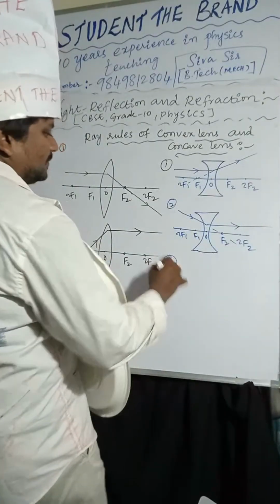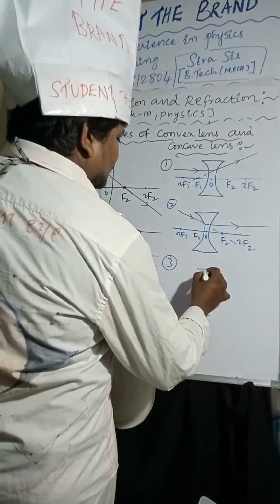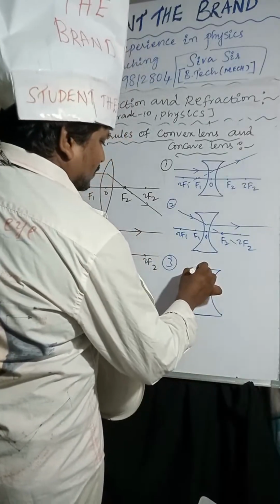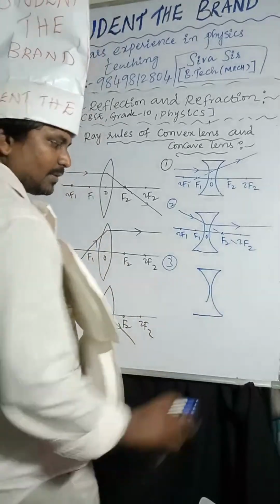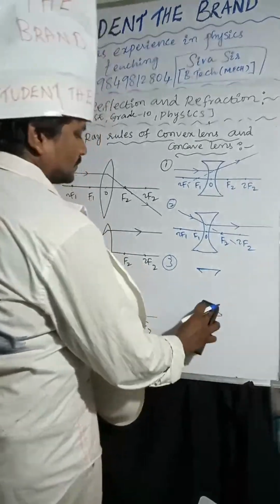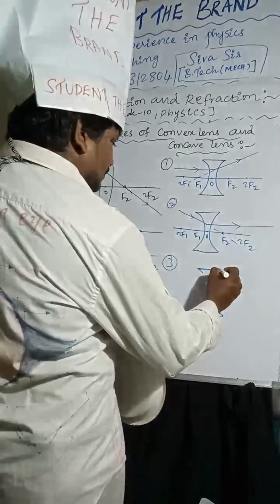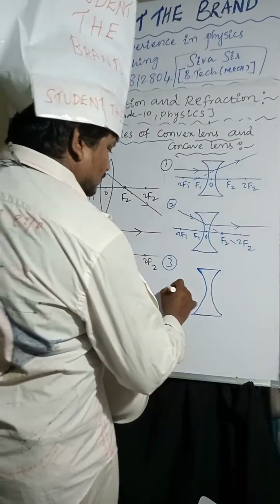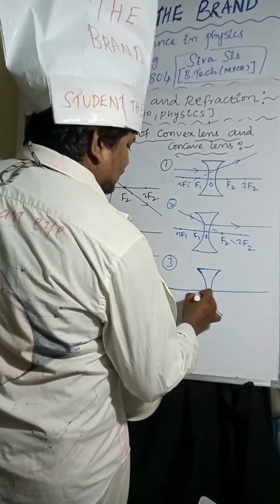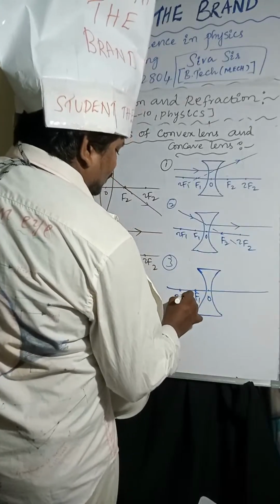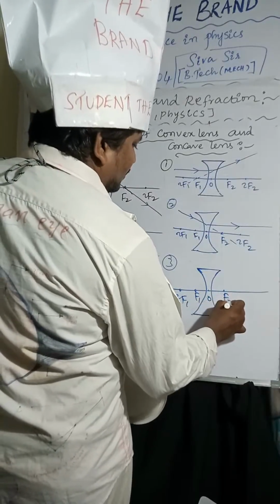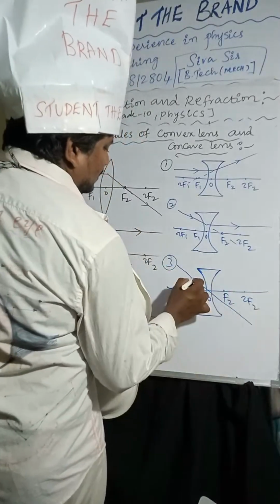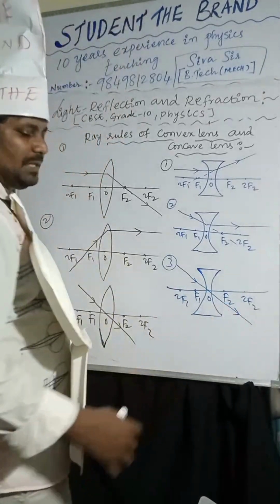Coming to the third one, optic center, F1, 2F1, F2, 2F2. Light ray is passing through optic center, so no deviation takes place.